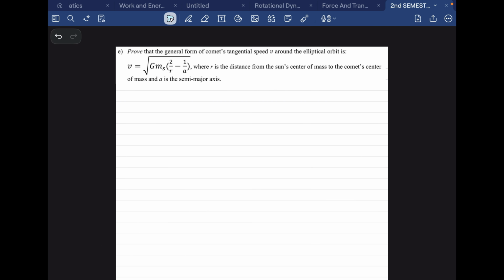Perigee should be. So first I'll find E total for the apogee. So we know that E total of apogee is equal to K of apogee plus U of apogee, right? And K is just 1/2 mv squared.